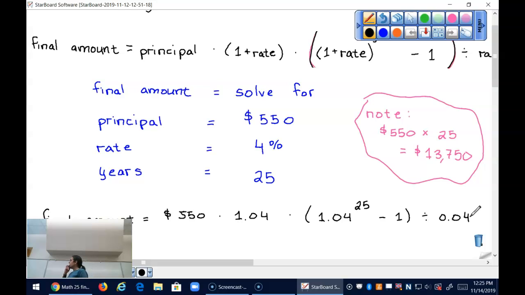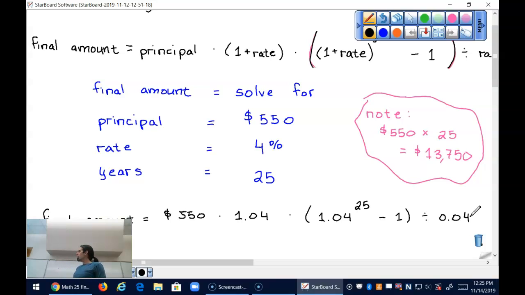So, plug everything in. Again, the warning as I walk over to this board, don't put a 1.04 at the very end. There's no 1 plus anymore. I can take away the parentheses around the 1 plus rate because putting a 1 in front is really easy.